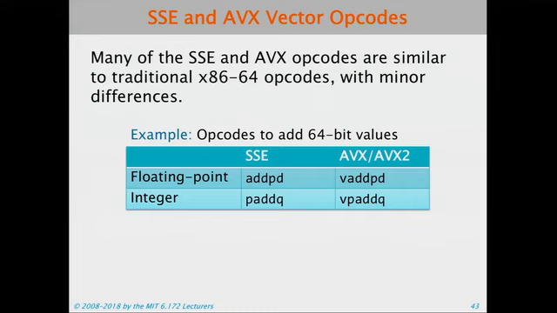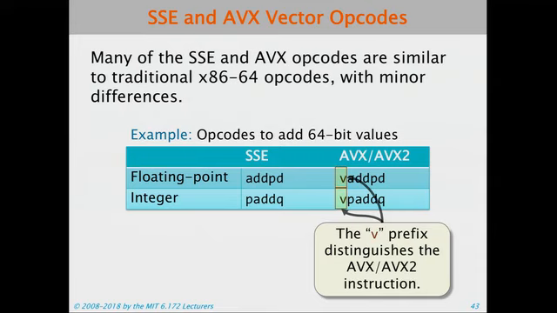Most of them are similar to traditional opcodes with minor differences. If you have an SSE instruction, it basically looks just like the traditional name, like add in this case, but you can then do a packed add, or a vector with packed data. The V prefix says it's AVX.